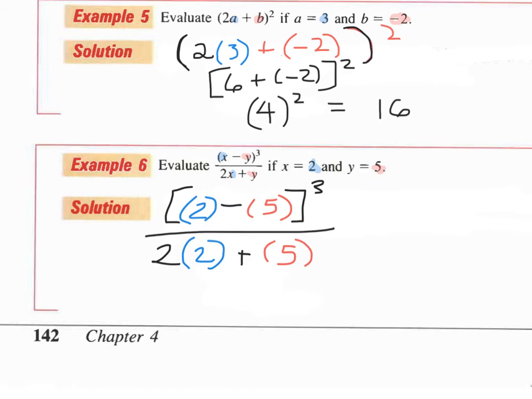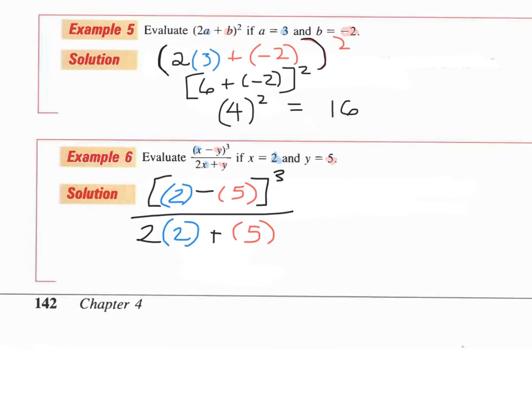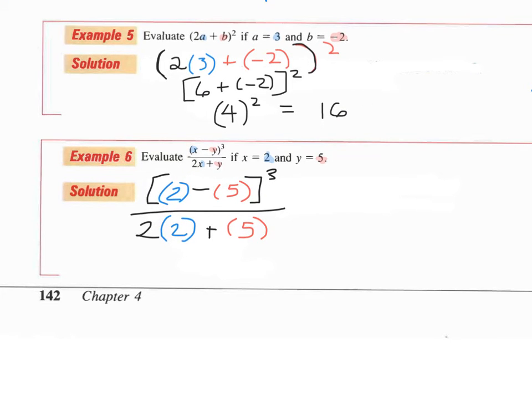So now I'm going to follow order of operations. I'm going to work within my parentheses first, and I'm going to find out what 2 minus 5 is. And that's going to give me -3. And then I'm going to multiply the bottom, and that's going to give me 4 plus 5. So I get 9 in my denominator.